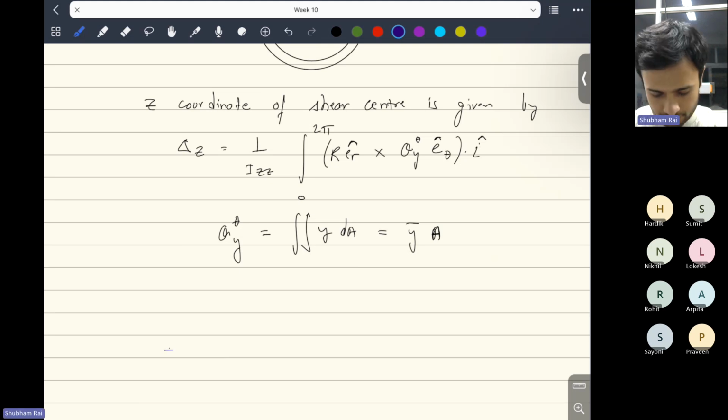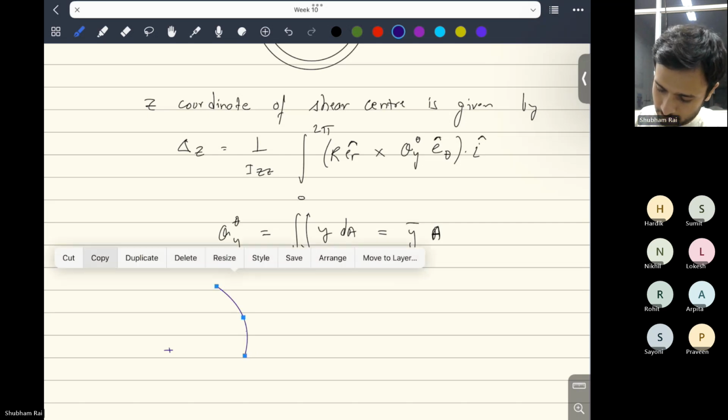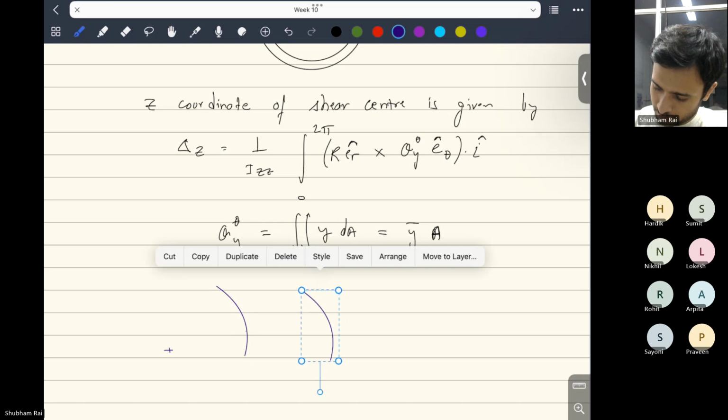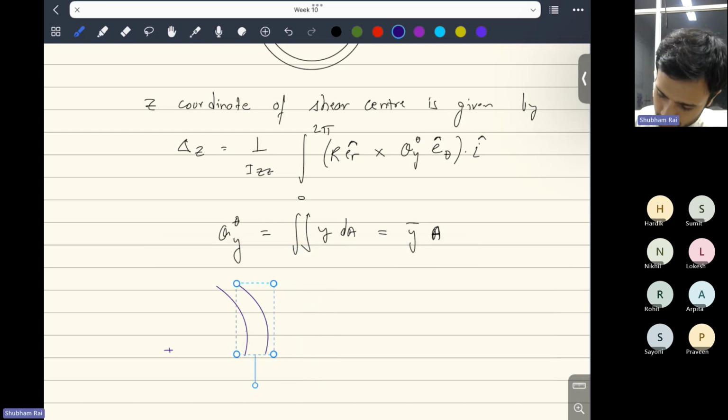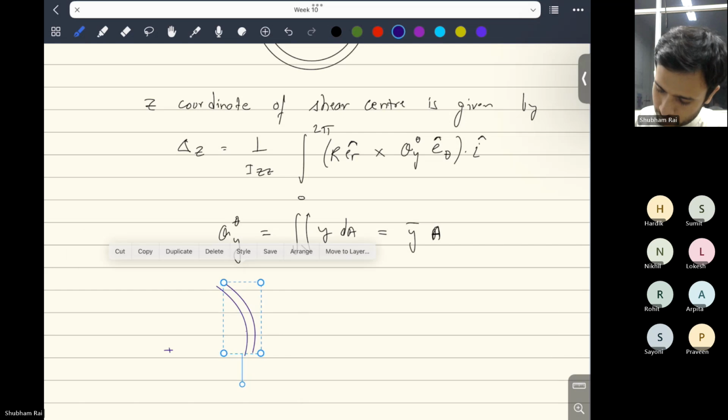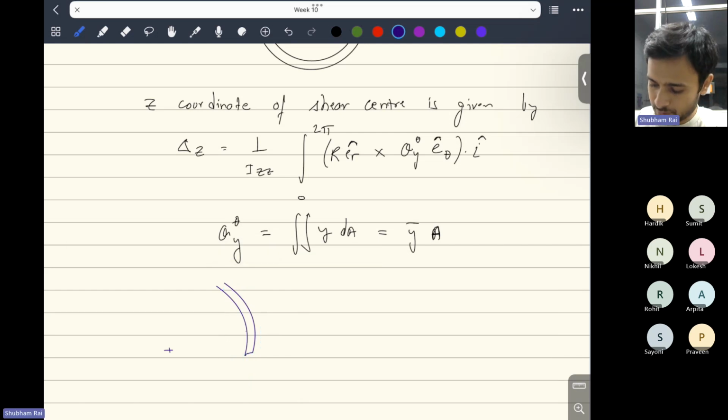So let me just draw this. This is some section of the annular disk.